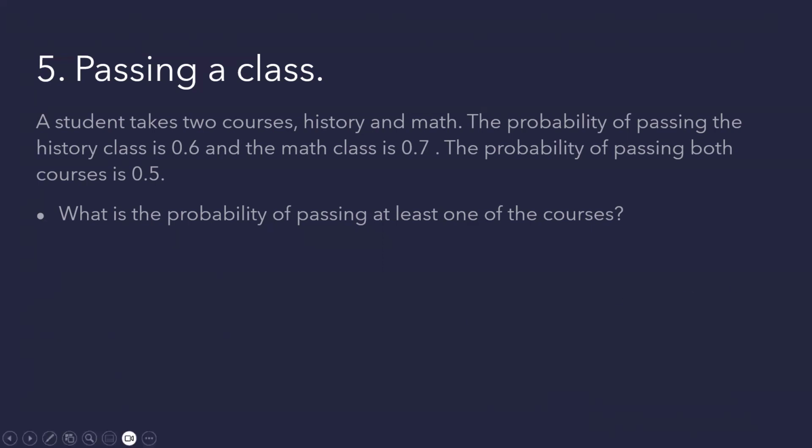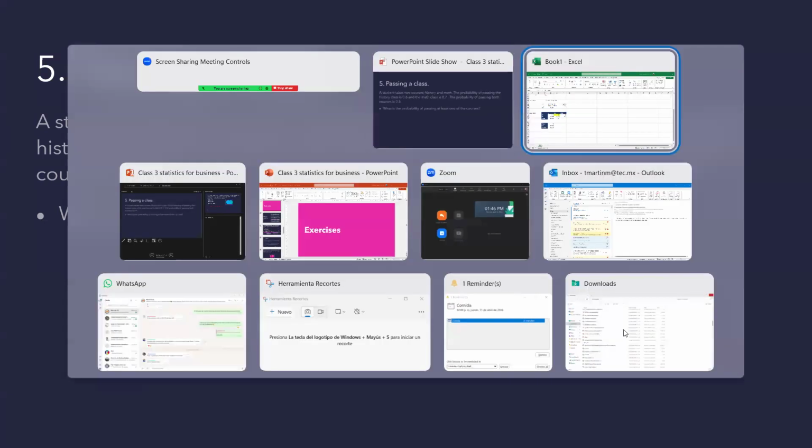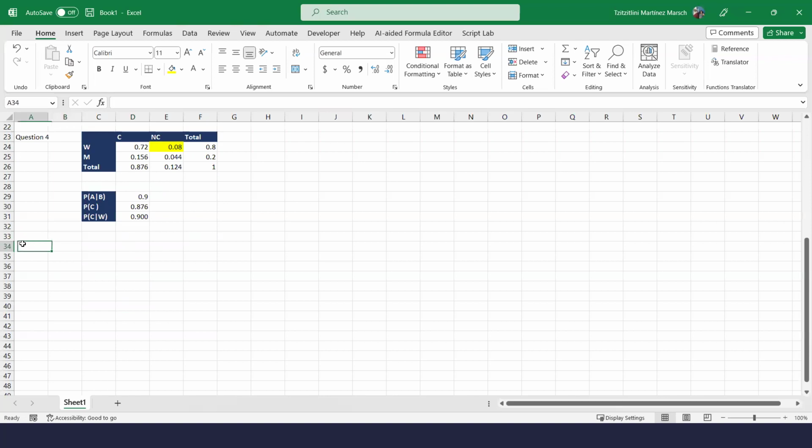In this case, this is a great example of one of the laws, the additive law. We use the additive law because we don't want them to overlap. So here we go, question 5.